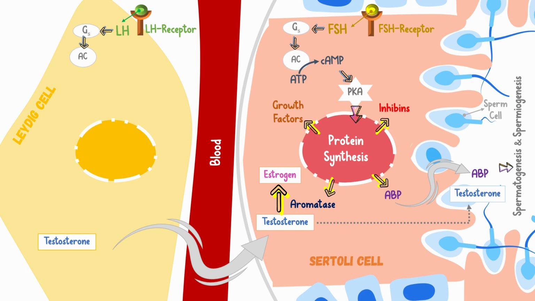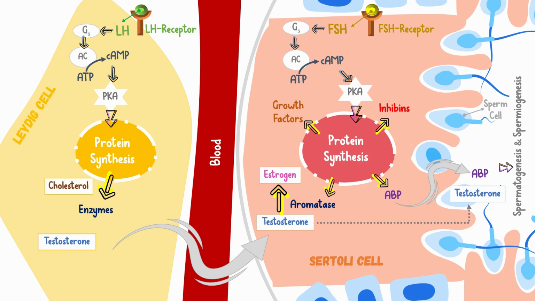Now, this adenylyl cyclase catalyzes the formation of cyclic adenosine monophosphate, which then activates the protein kinase A, or PKA. This activated PKA modulates gene transcription and increases protein synthesis and synthesis of enzymes. These all are necessary for the biosynthesis of the androgen, testosterone.